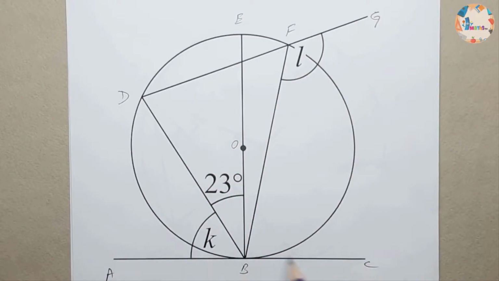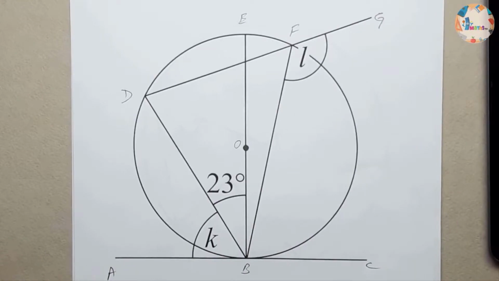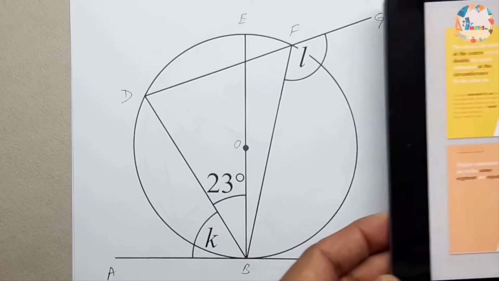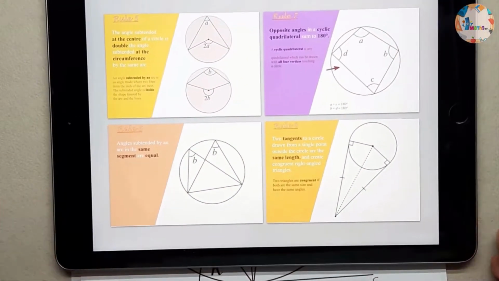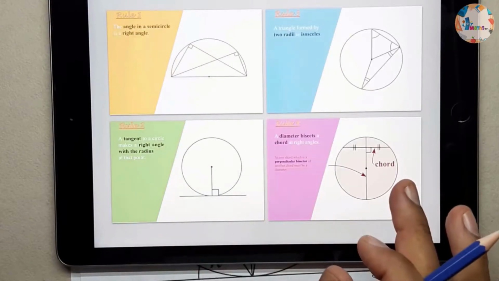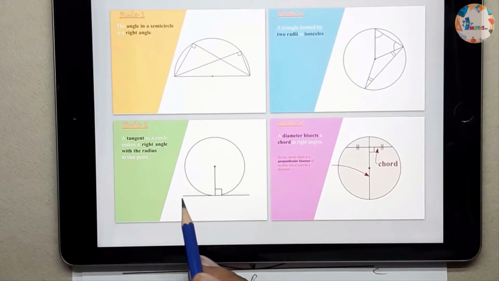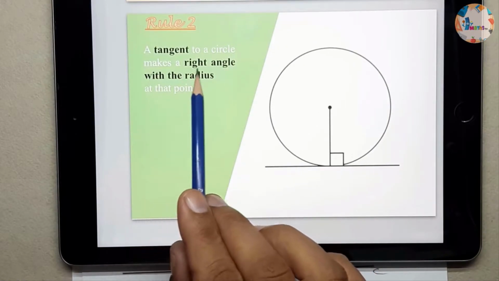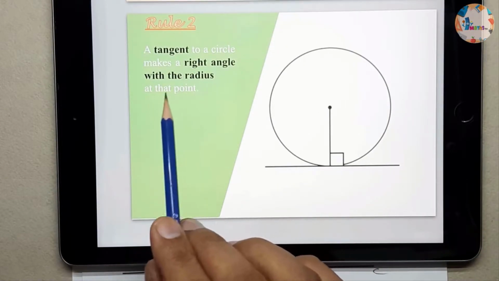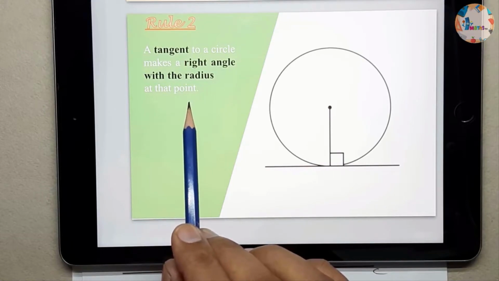A, B, C is the tangent, and we know we have a rule for tangent and diameter or radius. This rule says a tangent to a circle makes a right angle with the radius at that point.